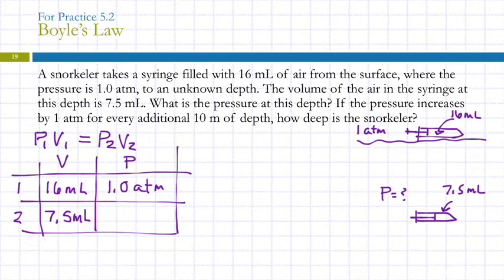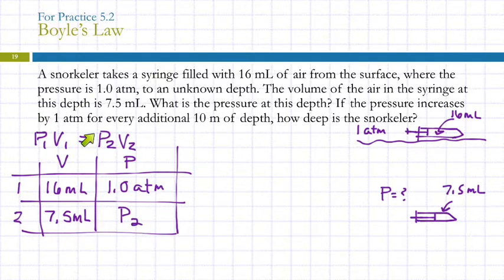That should correspond to the question they're asking you: what's the pressure at that depth? So this is the pressure where the volume is 7.5 milliliters. So this is V1, this is P1, this is V2, and this would be P2. So in here, I'm going to write P2. This is our unknown. It's in column P, row 2.